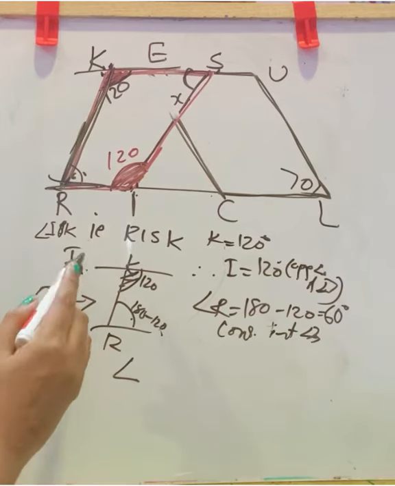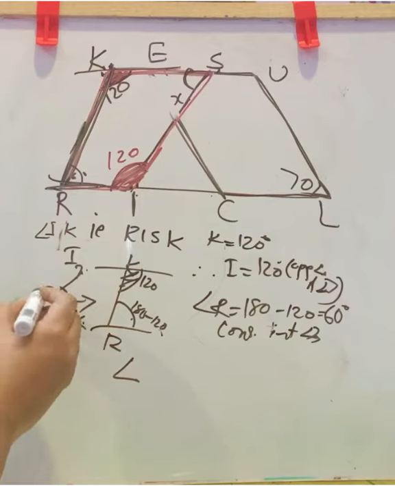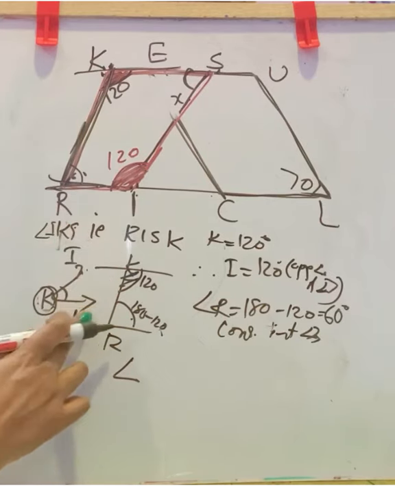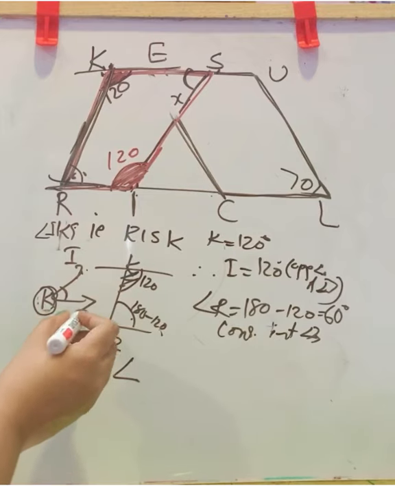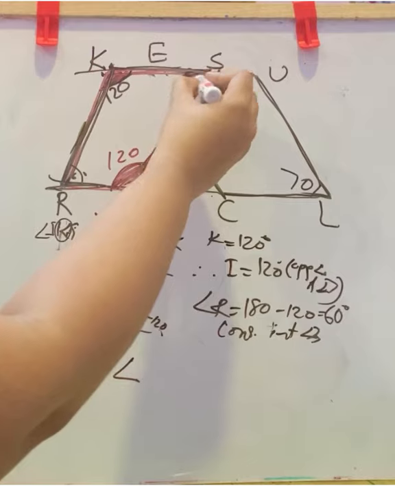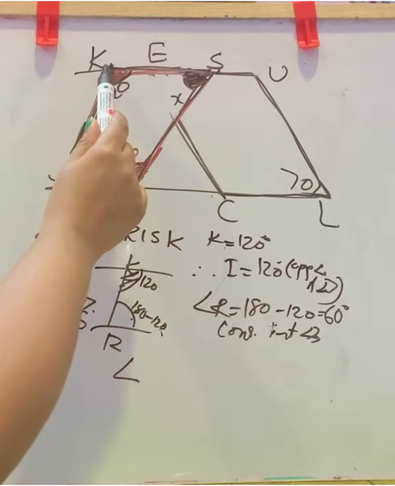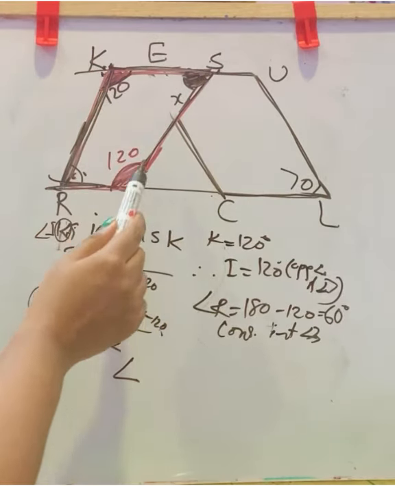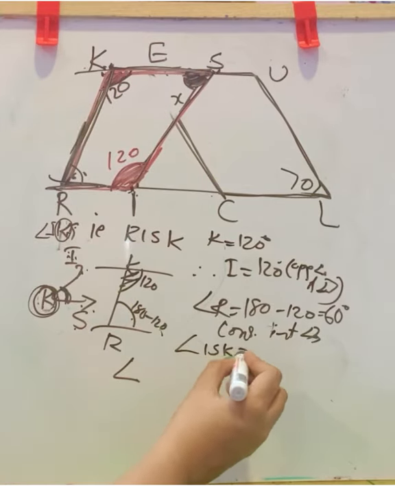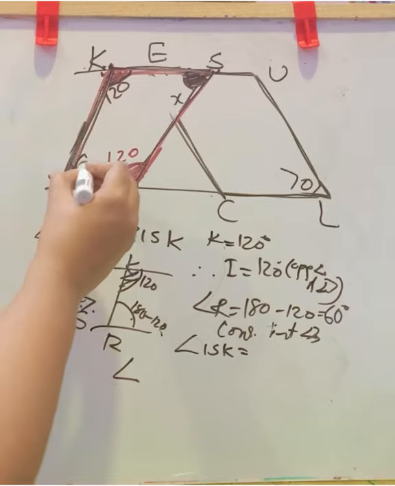Now if we are talking about IKS, then that angle can be represented like this. The middle letter will be on the angle part. This angle we take as KSI or ISK. We will take ISK equal to 60, which we got here.